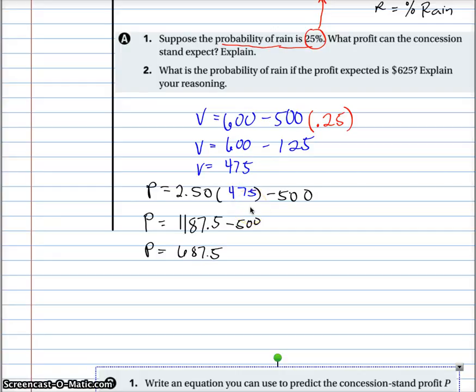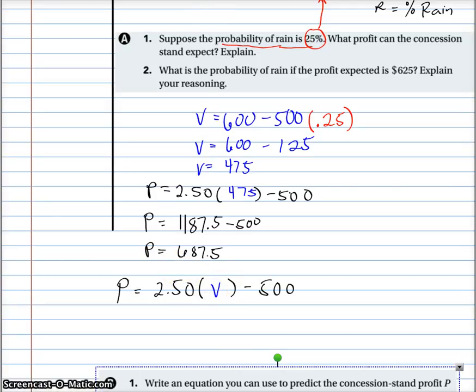So we can guess and check, but you know what? I don't really want to do that. So I'm going to rewrite this equation. Profit is equal to 2.50 times V. Put the V in there in blue. Minus 500. Okay, now what I'm going to do is instead of V, I'm going to substitute the entire equation.